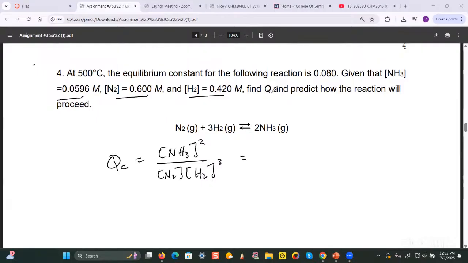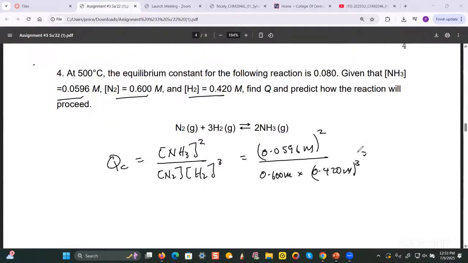In the case of ammonia, that number is 0.0596 squared, divided by the concentration of nitrogen, which is 0.600 M, multiplied by the concentration of hydrogen, which is 0.420 M cubed, and this will be Q. So let's see what that gives. 0.0596 squared divided by 0.6 divided by 0.420 cubed.